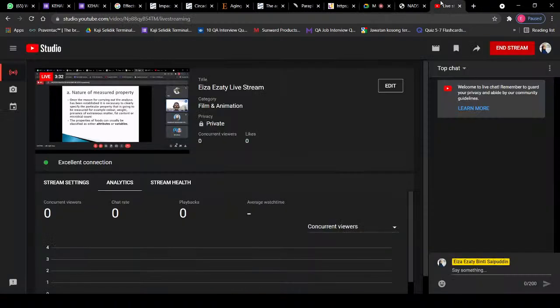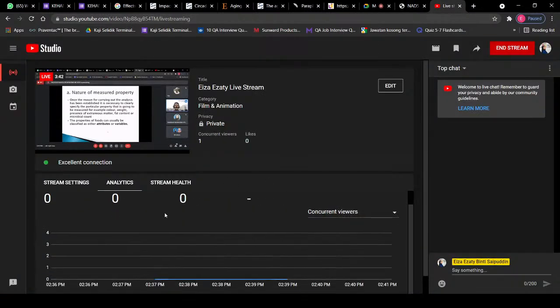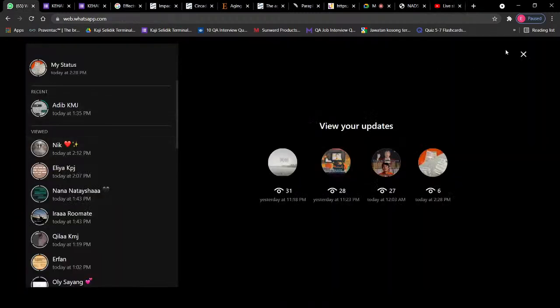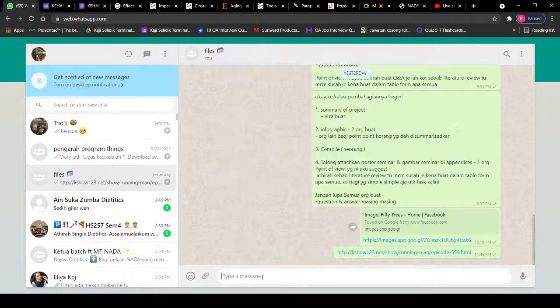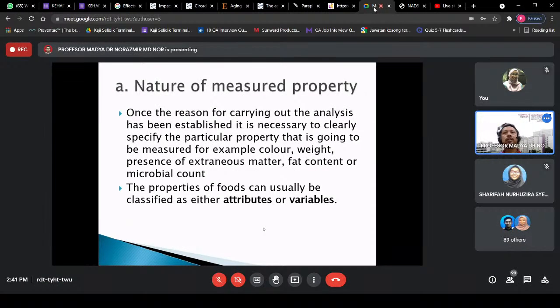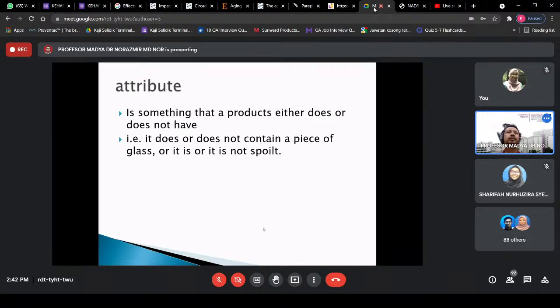These all factors will influence the outcome of the analysis. So the properties of food can usually be classified as either attributes or variables. There are only two classifications for the foods. Either it's attributes or variables. We take a look deeper.